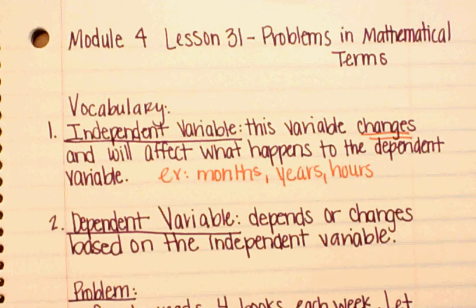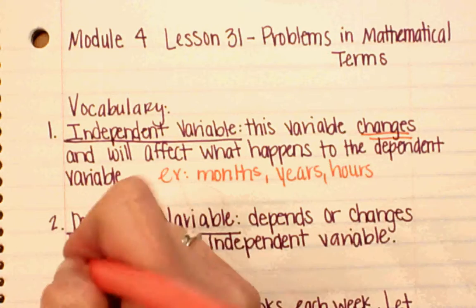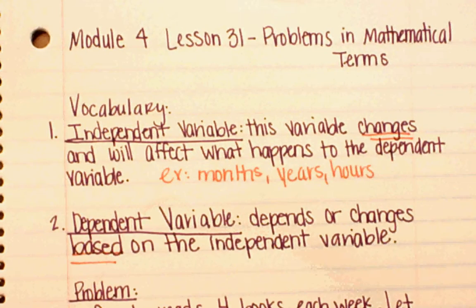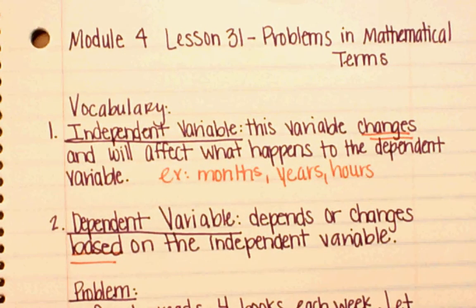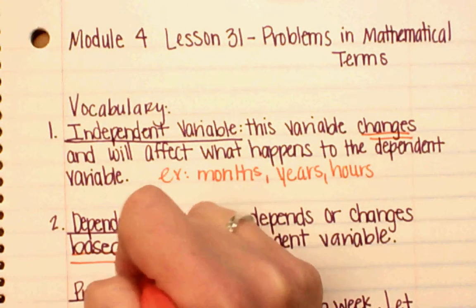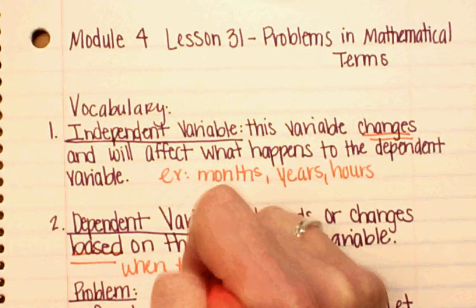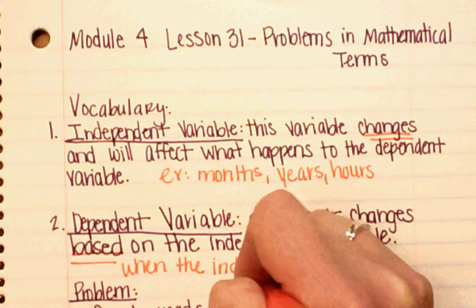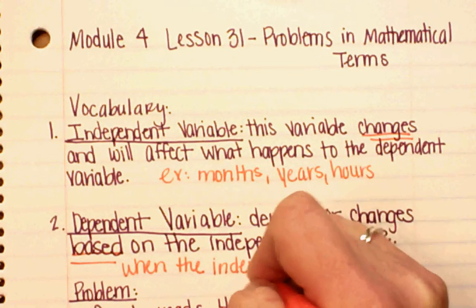Dependent variables depend or change based on the independent variable, meaning when the independent variable changes, then the dependent variable changes. Oops, I can't spell today.